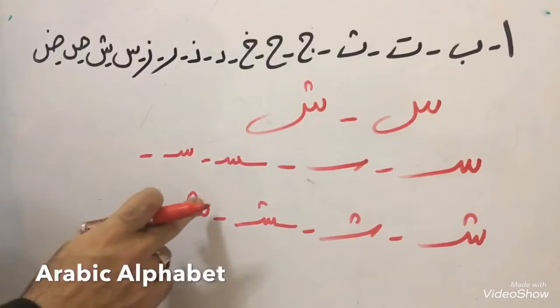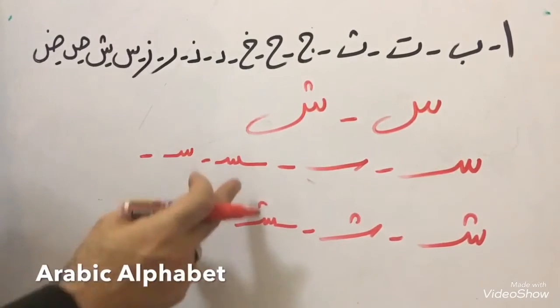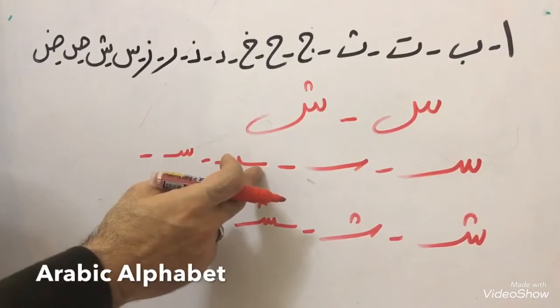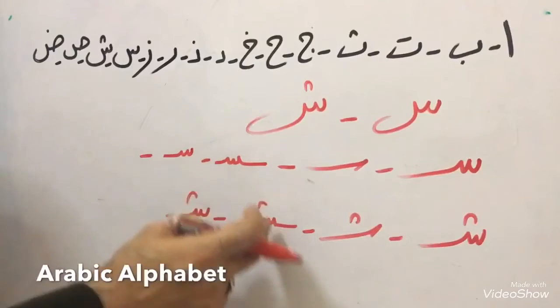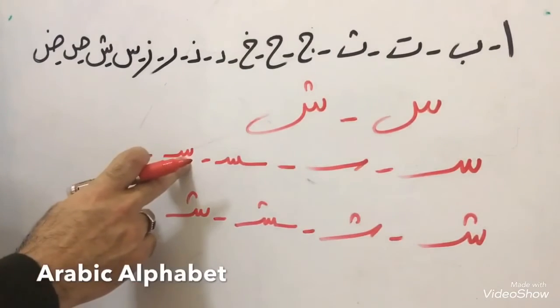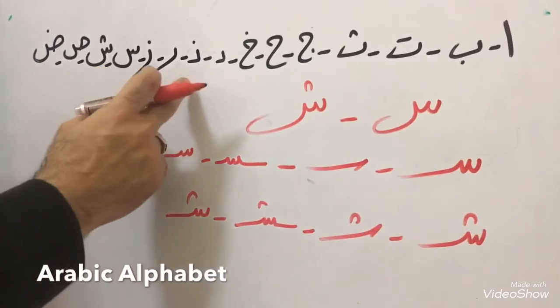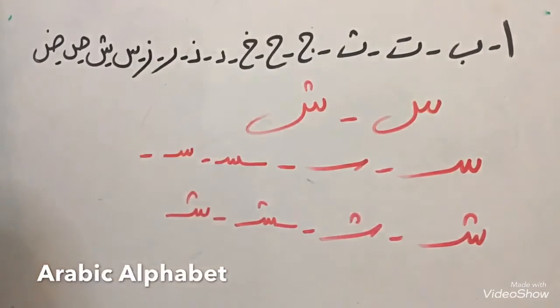So here we have 2 hands. If they come after, for example, kha or ha, they can be joined. But if they come after ra or zaid or dal, they can't be joined.